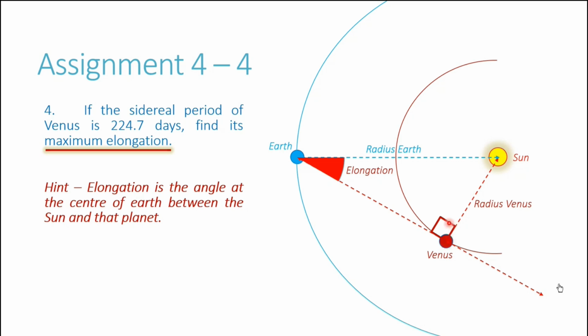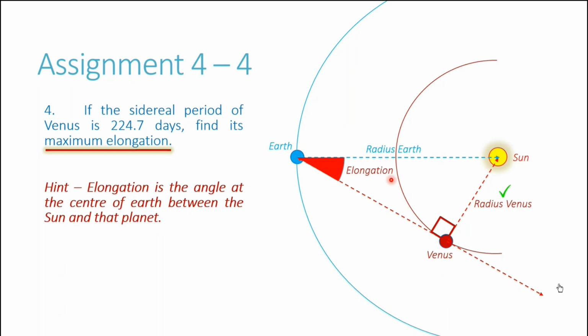So tangent and radius are always at right angles, so that's why you see this angle is 90 degrees. Now if you look carefully in this diagram, it is a right angle triangle, and we need to find out the red angle, the elongation.